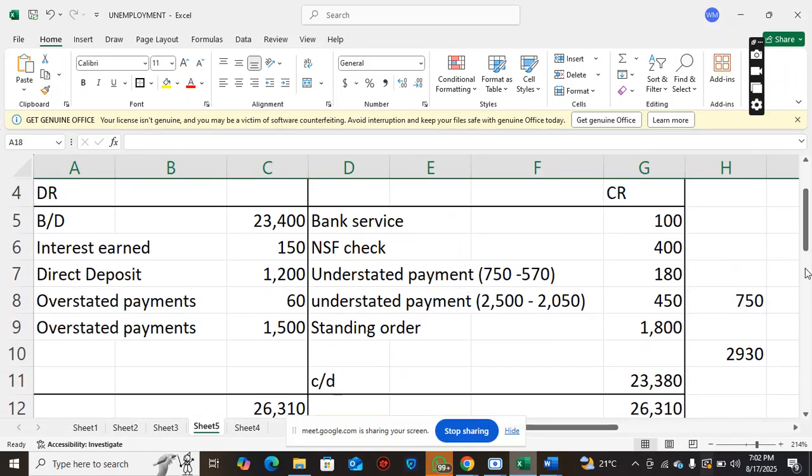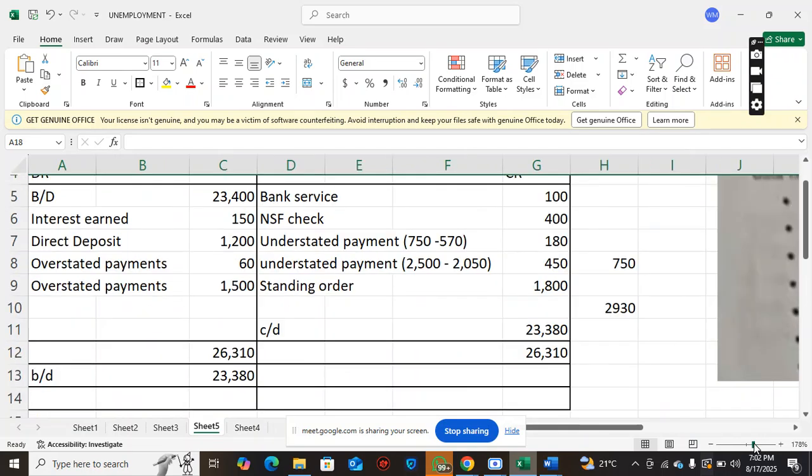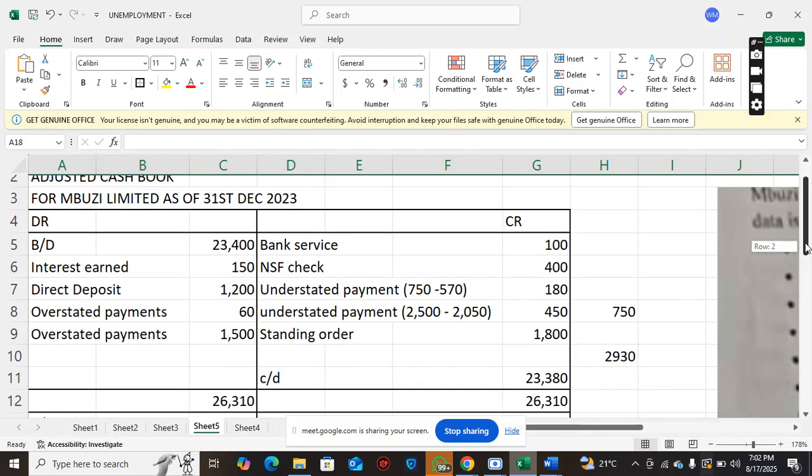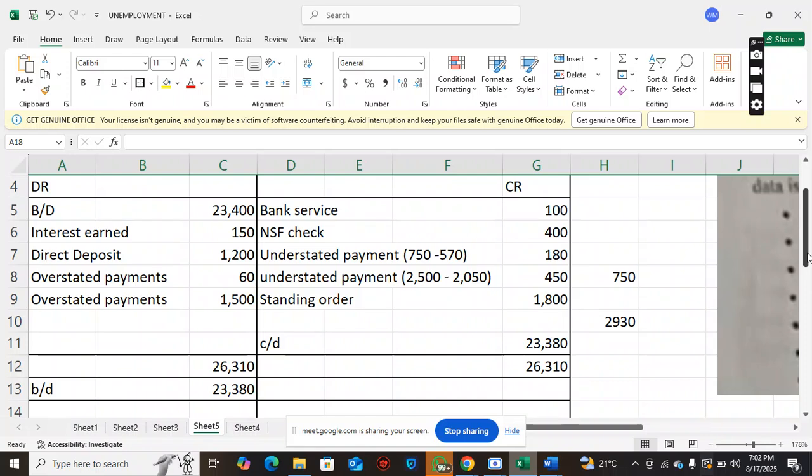Yes, get a screenshot, sir. 23,380. Yes, just get a screenshot, because here we have to make sure that tomorrow at least you're going in confident.